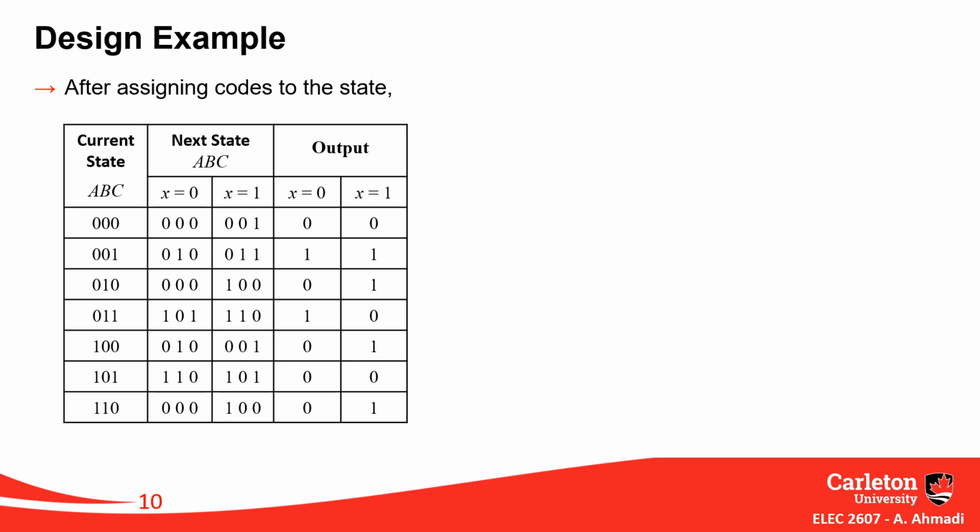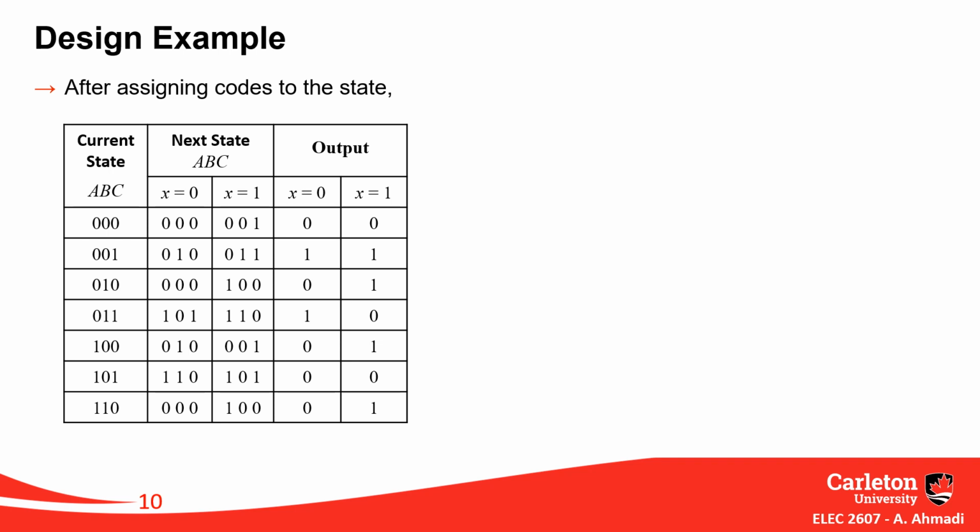Okay, let's do it on the table that we developed for our design so far. If you are not sure, if you forgot how our state diagram was, please refer back to the state diagram I had a couple of slides before this.